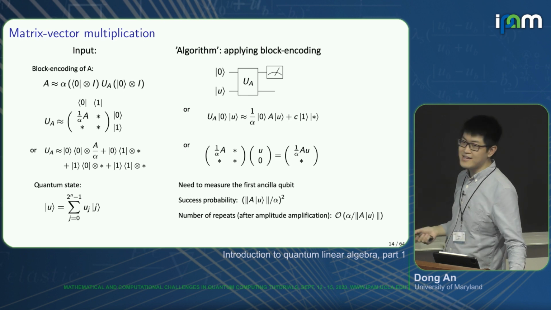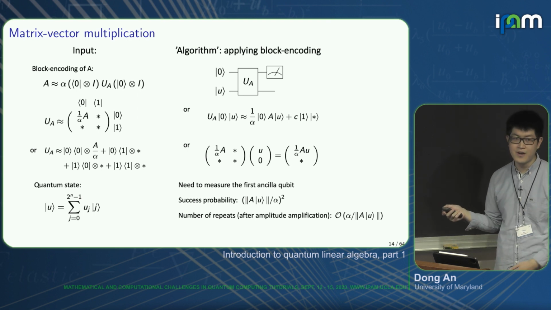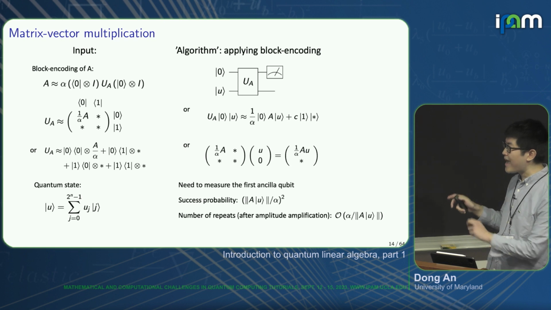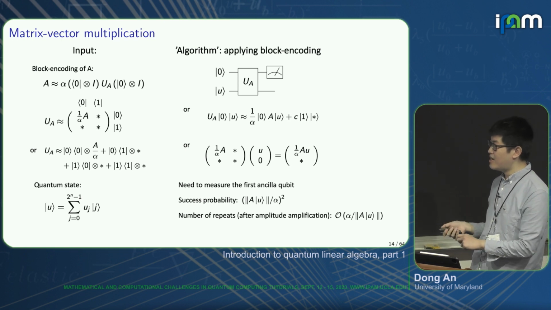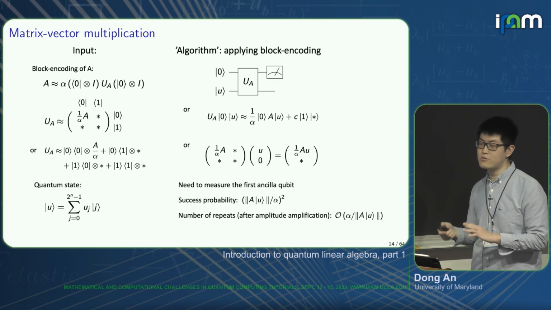So this is the idea of matrix multiplication, and you can see that it is different from classical numerical linear algebra, because we have a success probability and some overhead due to the measurement.